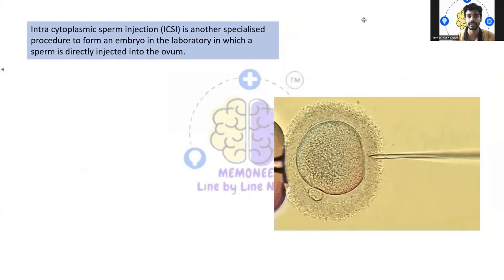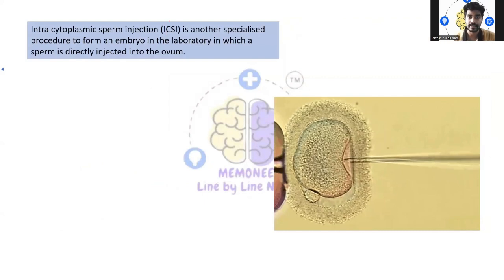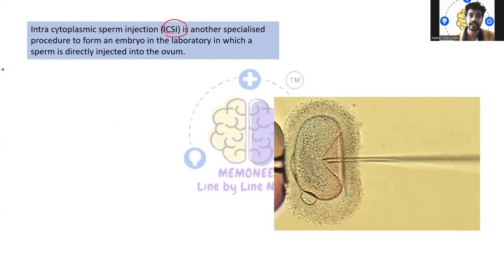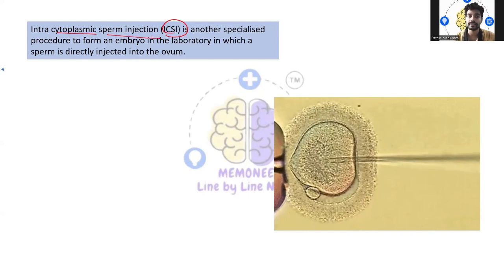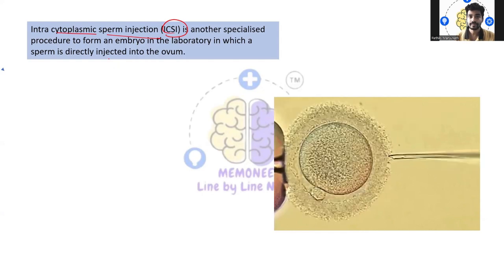There is another method also. We normally call it ICSI, that is intracytoplasmic sperm injection. So in this method, what happens?